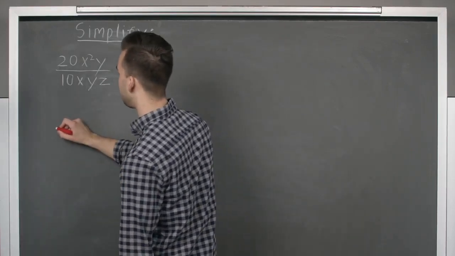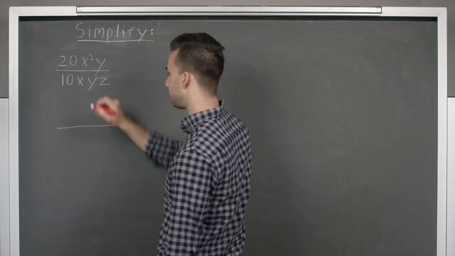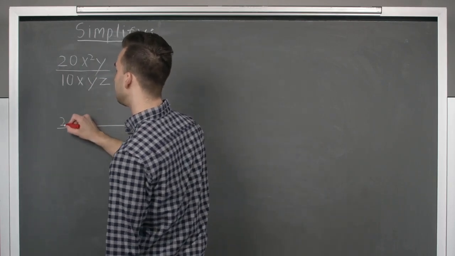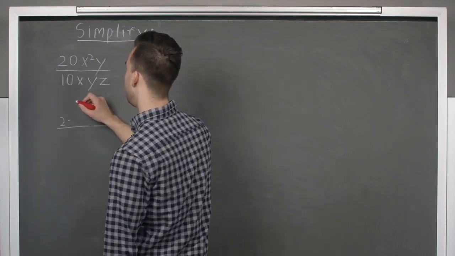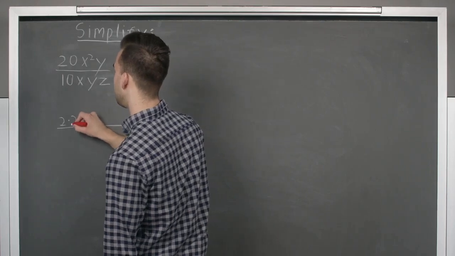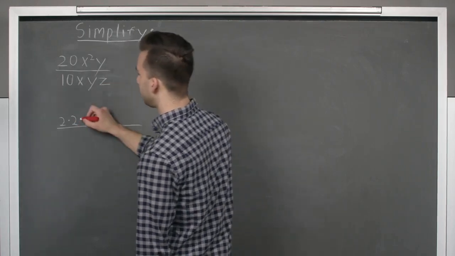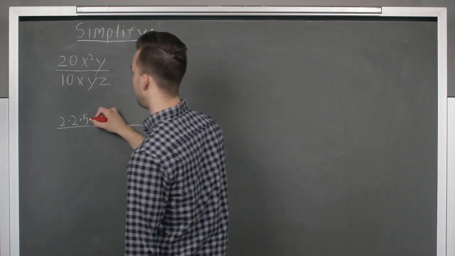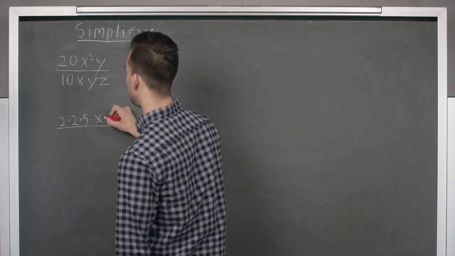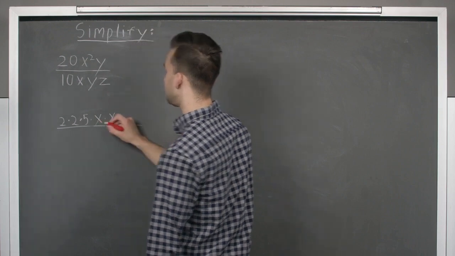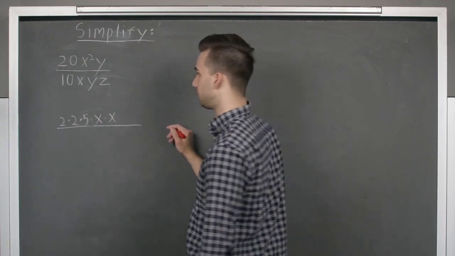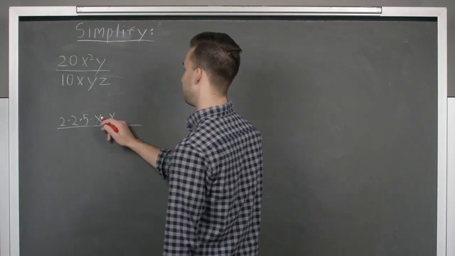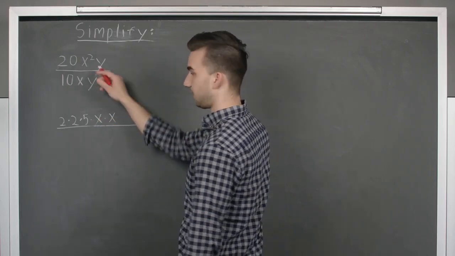For the top, that would be 20 divided by 2 is 10. Divided by 2 again is 5. And then we have x times x. And this is actually called expanding, because if we just factored, we would leave this as x squared, but we're fully expanding.